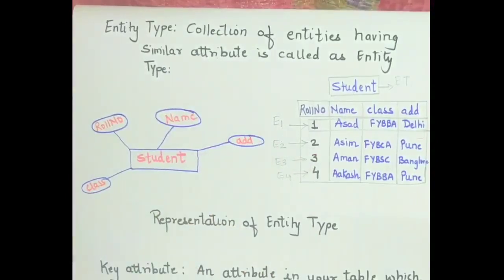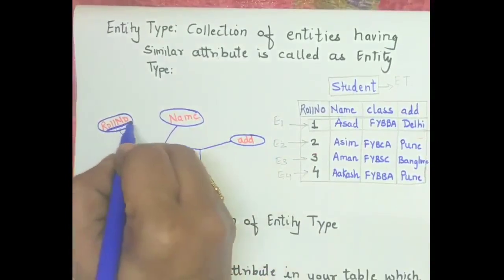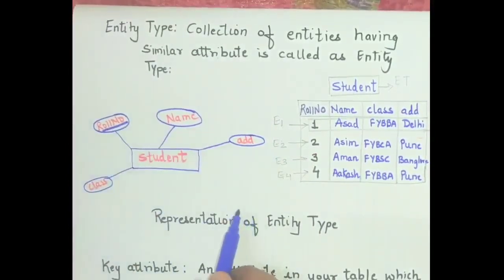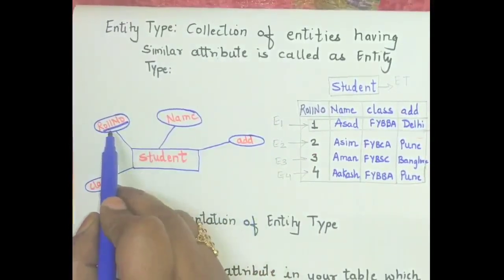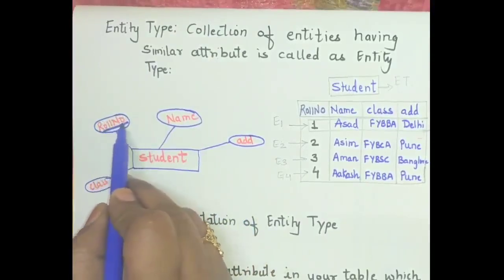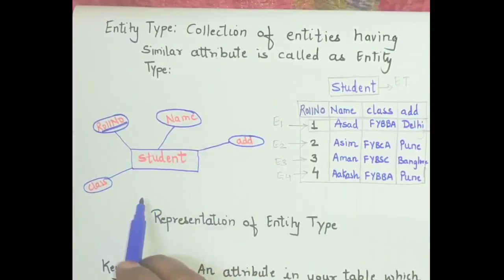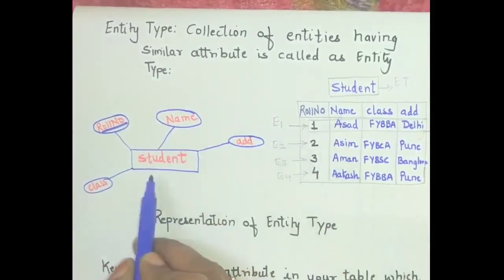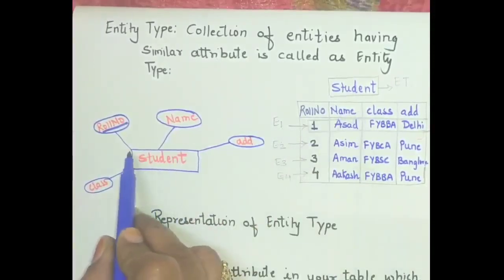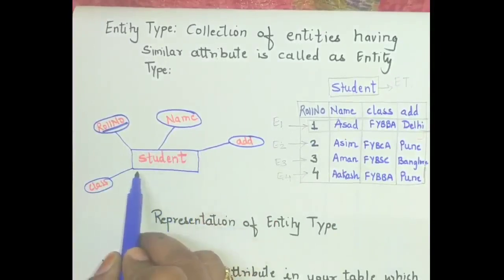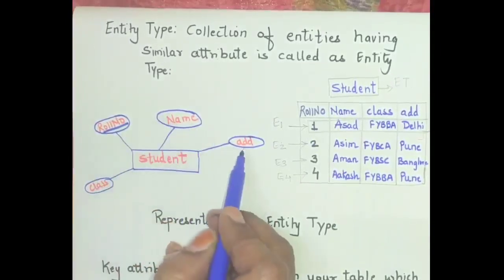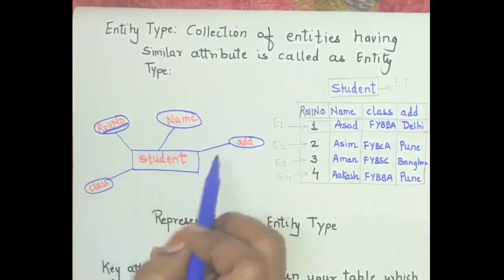And the key attribute is represented with an underline. In the entity relationship diagram, whatever the key attribute is, we have to specify it by giving an underline. So basically, how is the entity type represented? Entity type is represented in a rectangular box, and whatever attributes are there, they are represented in ovals.